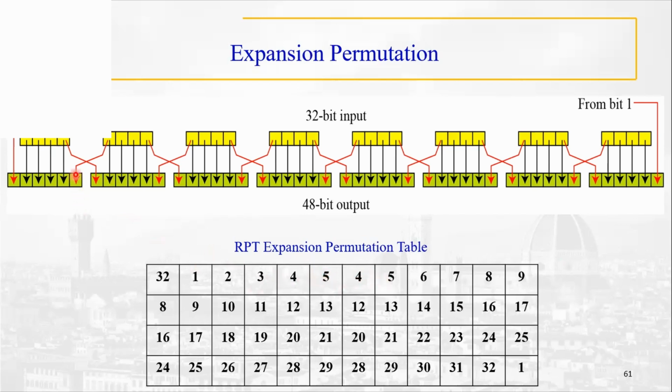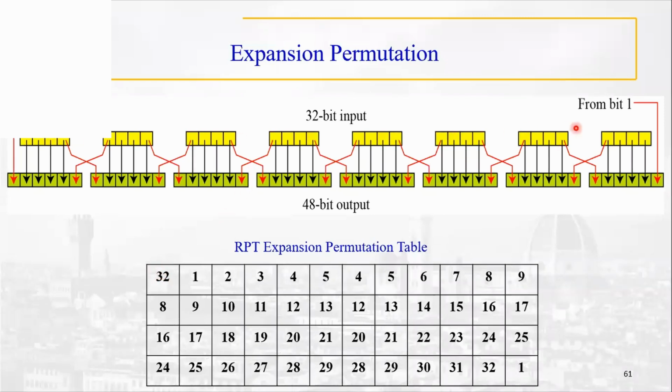So this is just an evaluation of how the bits are getting expanded. This is the expansion table. Again, while coding this table, you'll have to hard code it in the program, and then you'll just have to find out the value.